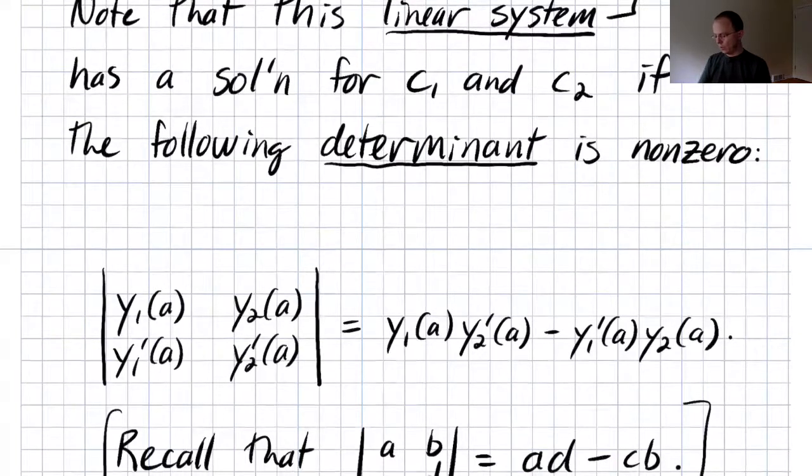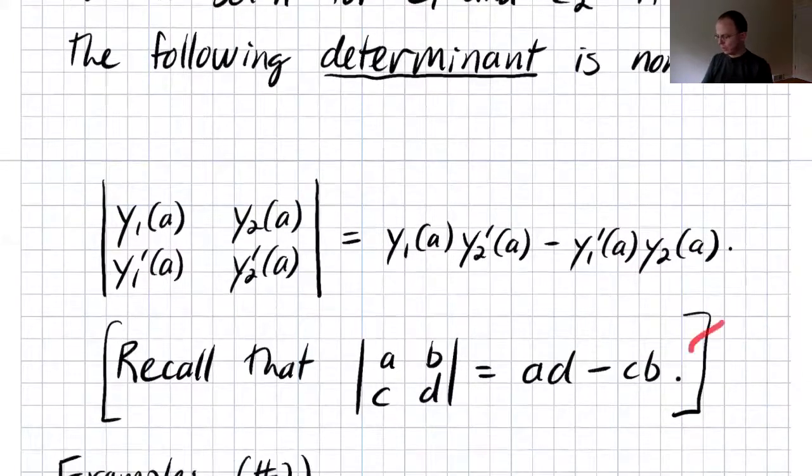And it turns out that if we have linear independence, then this is guaranteed to be non-zero. Here's that formula again, just recalling something you've seen. I'm sure everyone has seen 2x2 determinants before, but there's the formula to remember.